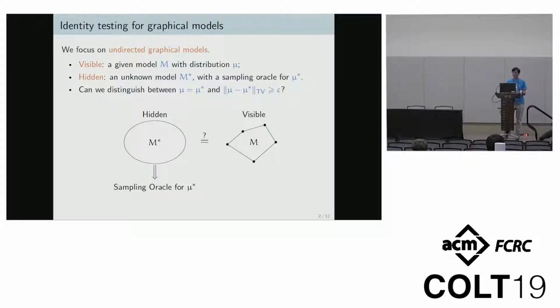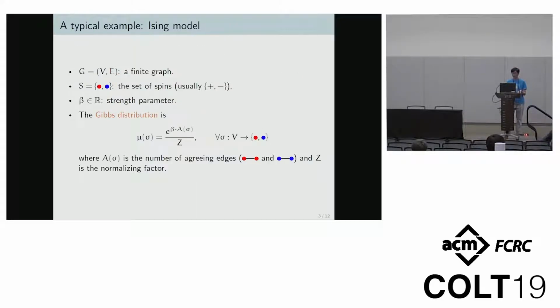We will focus on one of the most popular graphical models, which is the Ising model. Here's a recap of the definition. We have a graph G, and two spins, plus and minus, but in this talk I'll use the red dot and the blue dot for the two spins.